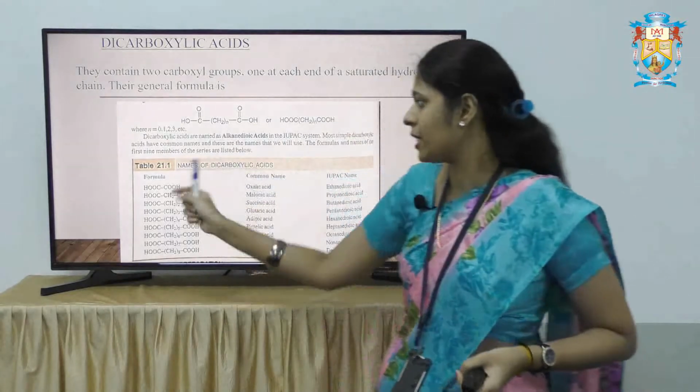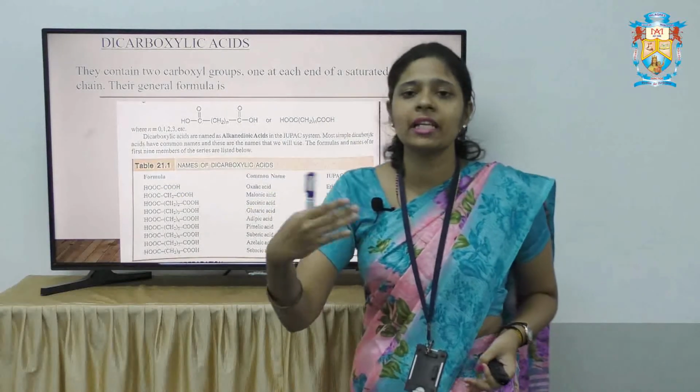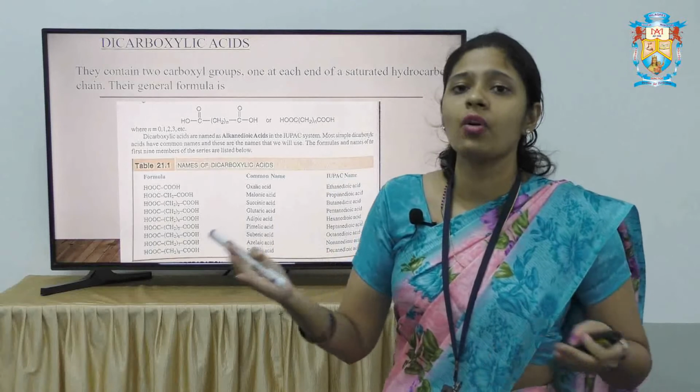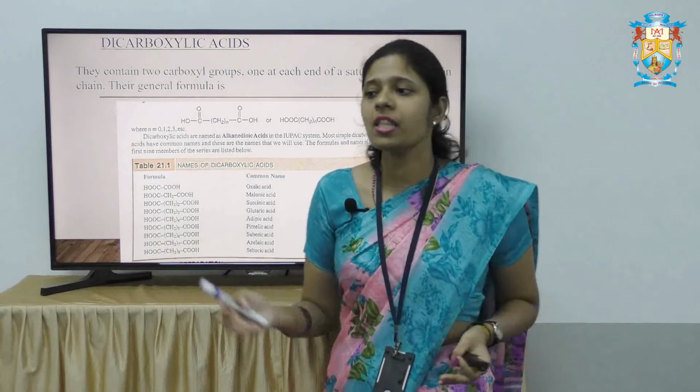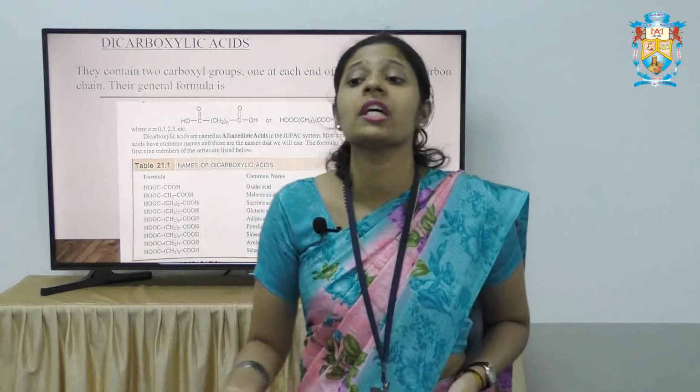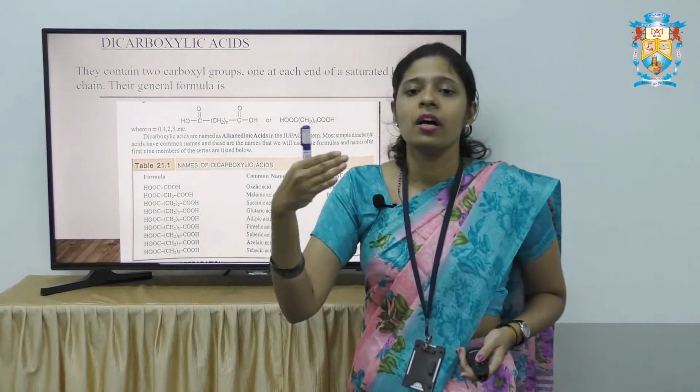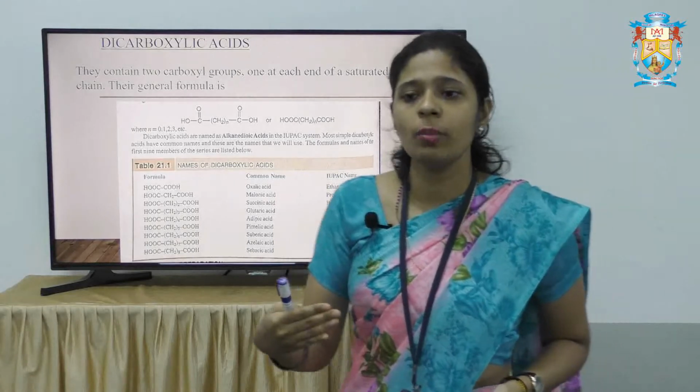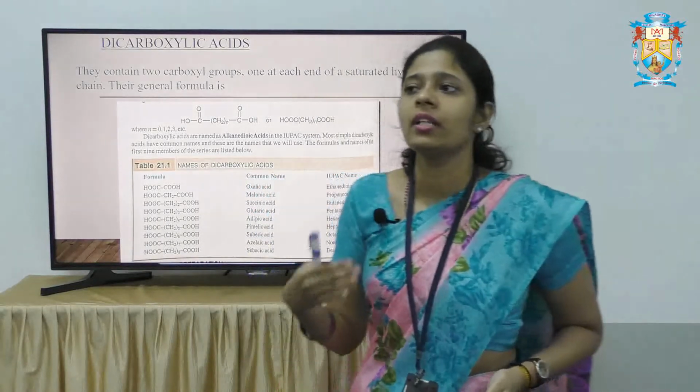Oxalic acid, the first one, will easily dissolve in water, forming hydrogen bonds with water. But as the molecular weight increases due to successive addition of the CH2 group, there will be a decrease in the solubility, and slowly this will go on.